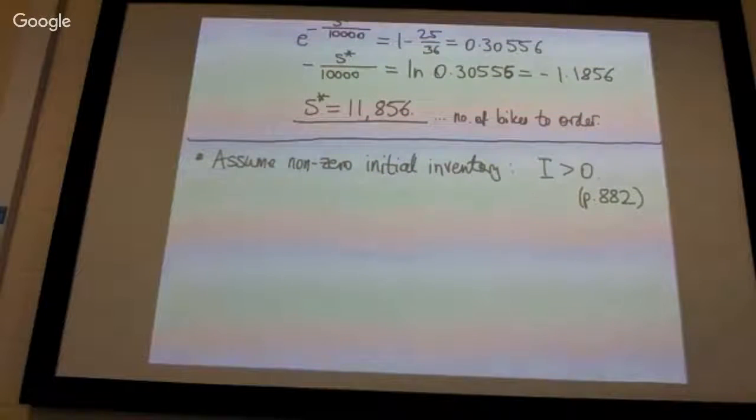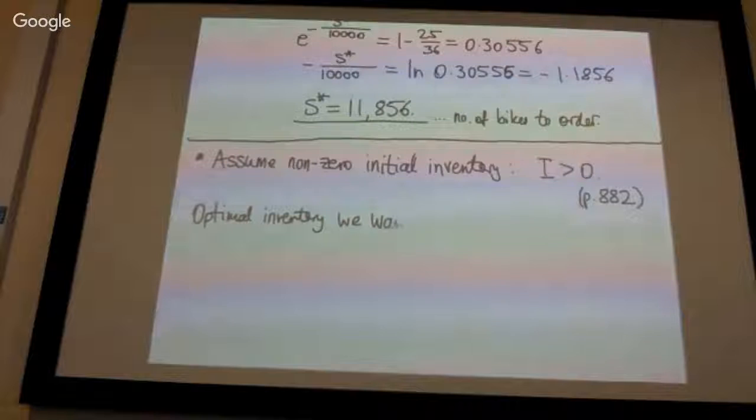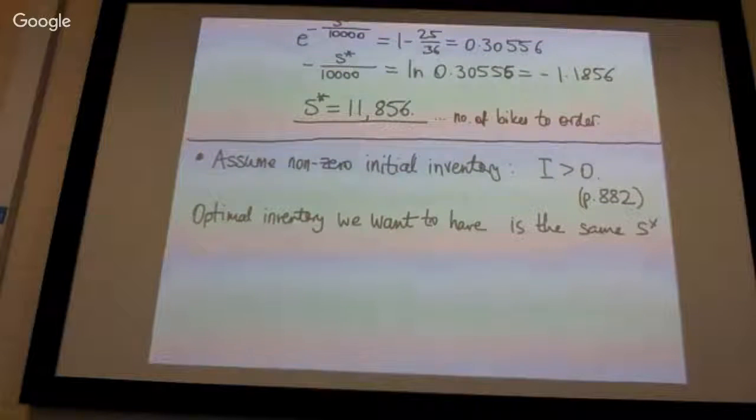So how do we summarize it? The optimal inventory we want to have is the same S star as in the previous model.